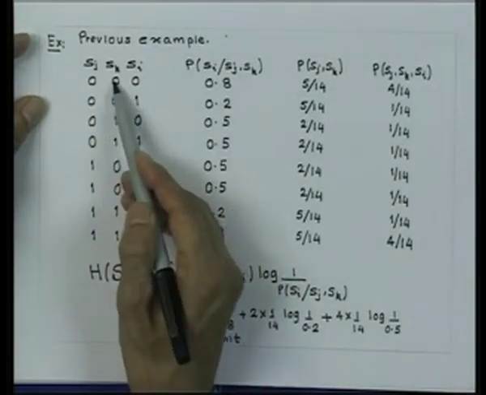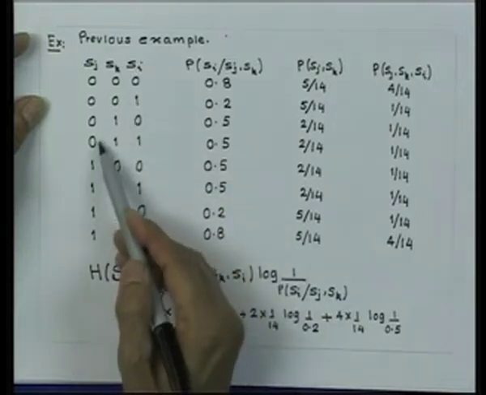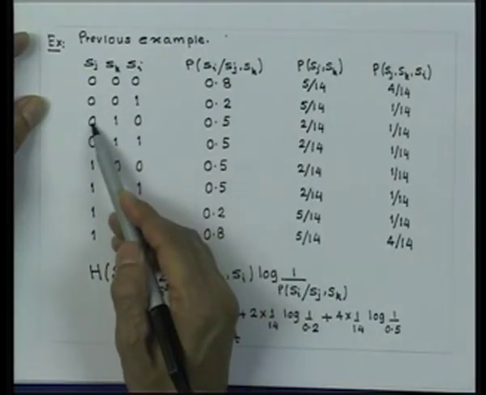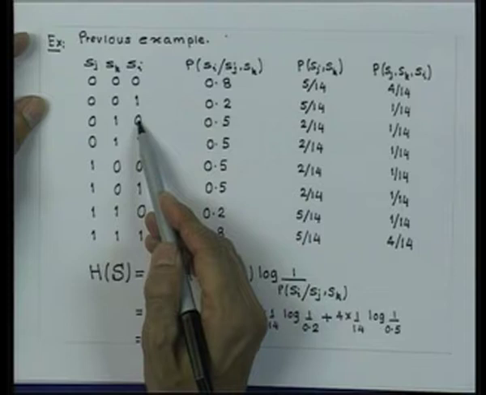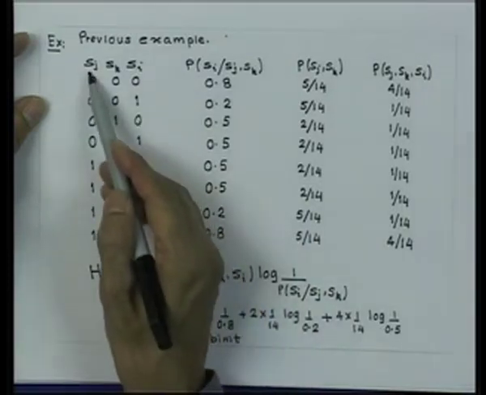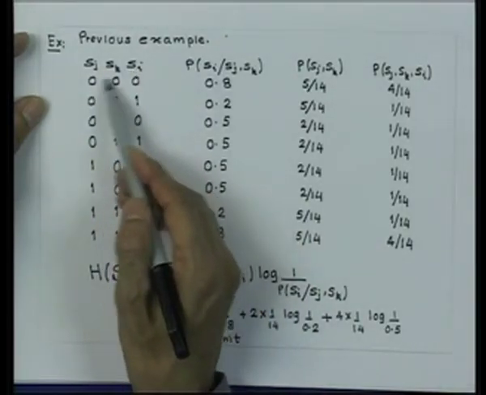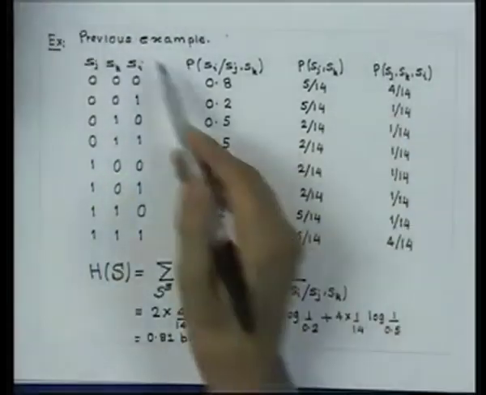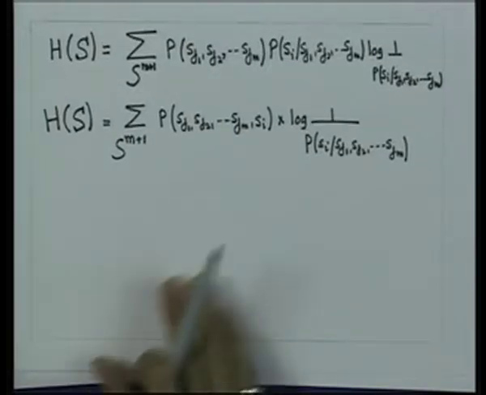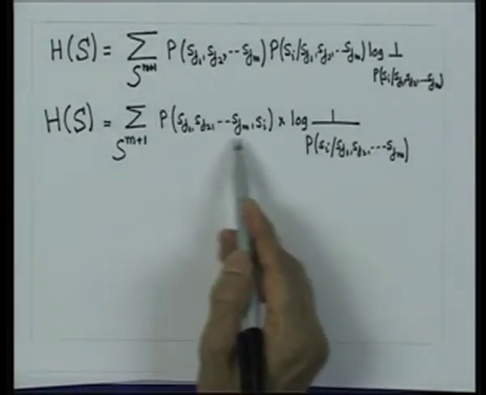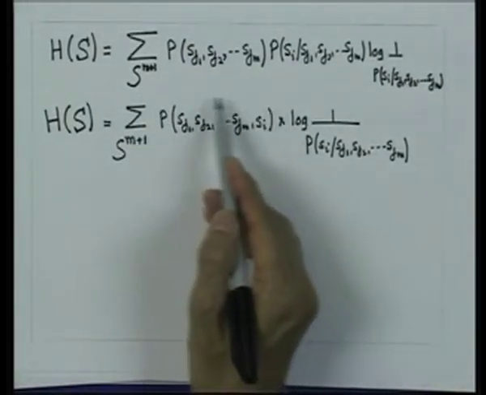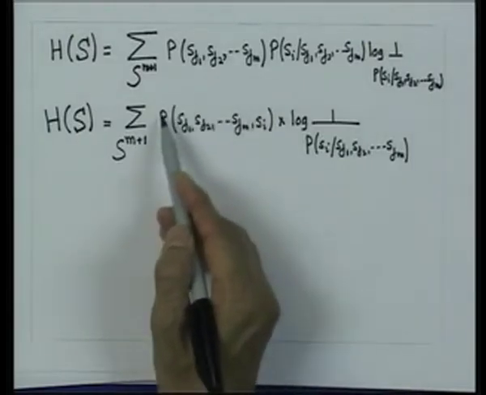So, when it is 00 it can emit 0 or it can emit 1. Similarly, when it is state 01 it could either emit 0 or 1. So, Sj Sk Si, these are the various combinations which I can have in this expression. This is what I am writing. I am supposed to get this expression evaluated.